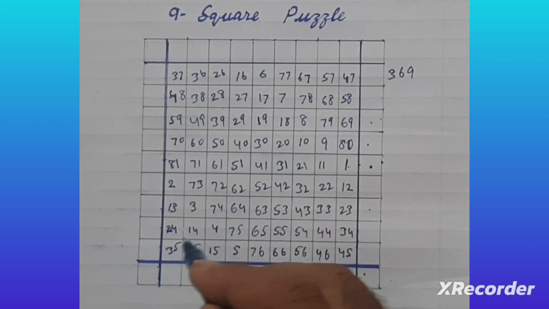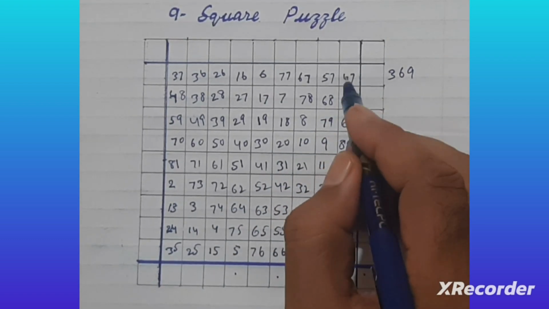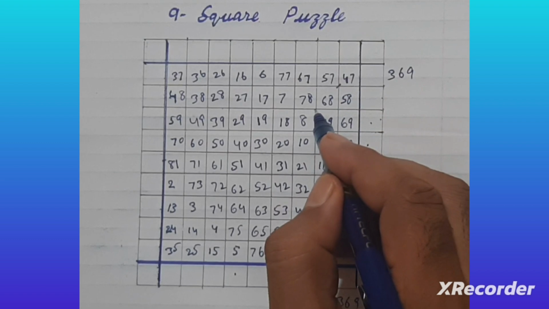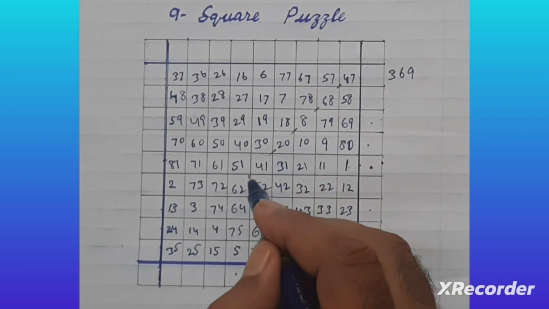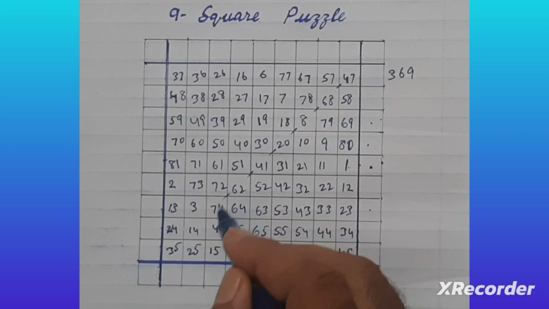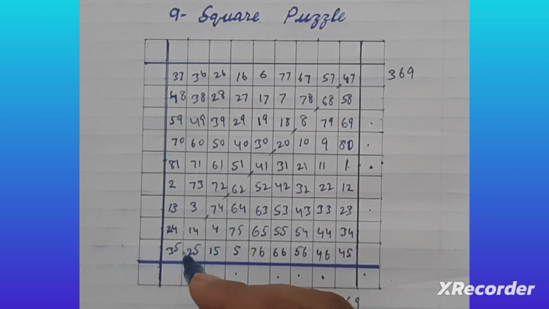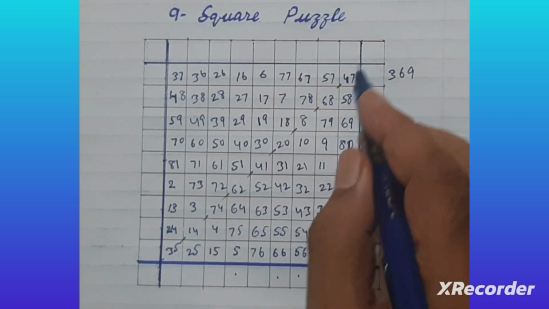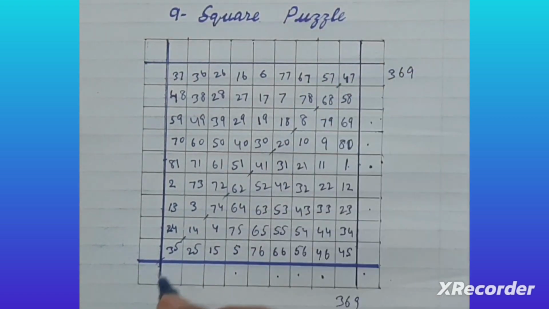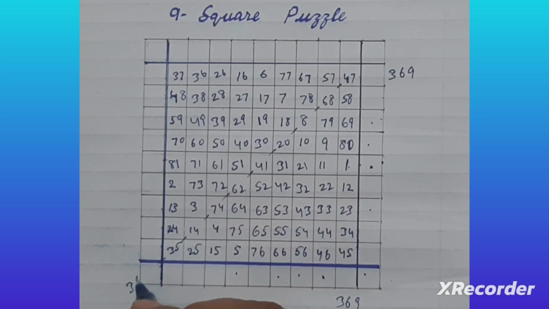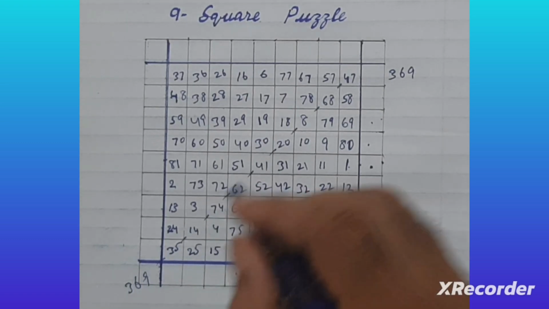And the most interesting thing is that diagonally, this is the diagonal of this square, we add 47, 68, 8, 20, 41, 62, 74, 14, and 35. When we sum up these diagonal elements, we have 369 as the sum.